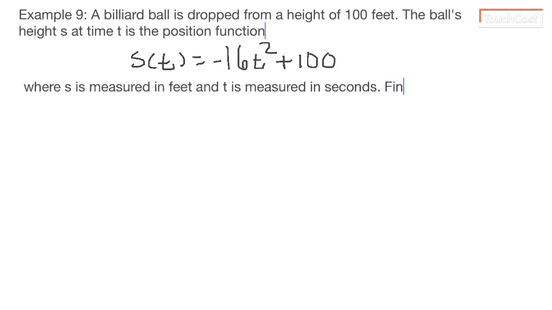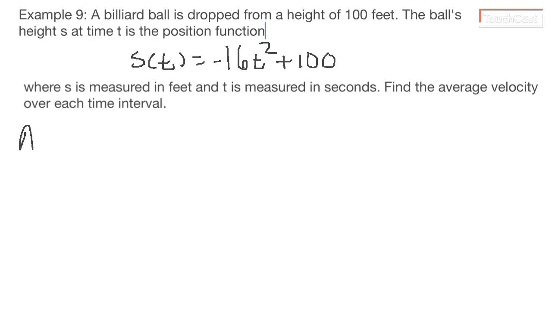We want to find the average velocity over each time interval. Our first time interval we're going to look at is going to be from 1 to 2 seconds.